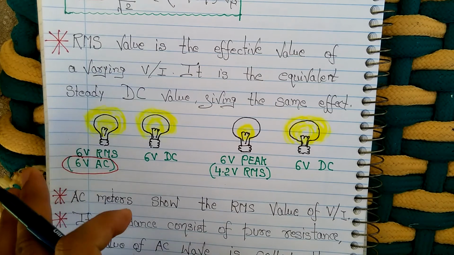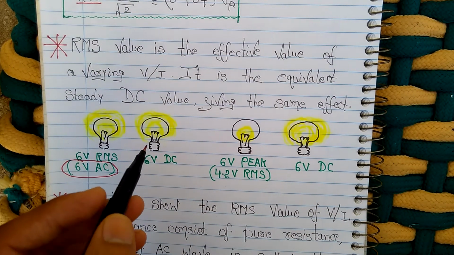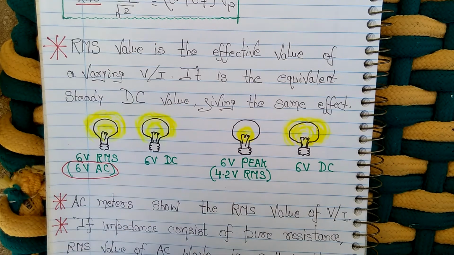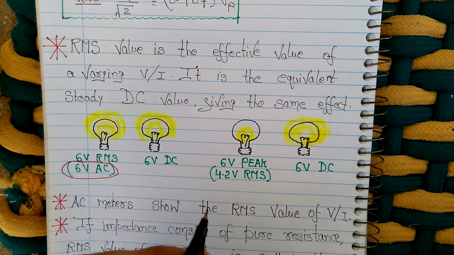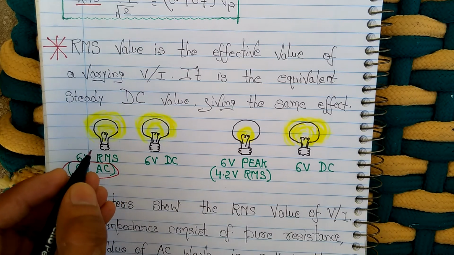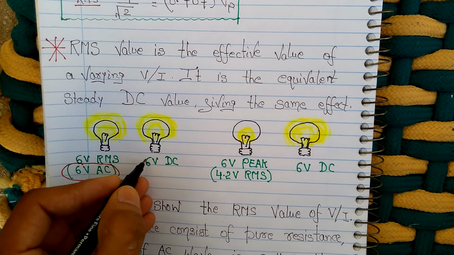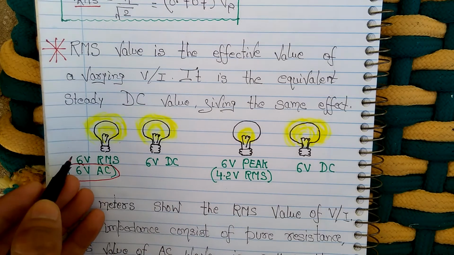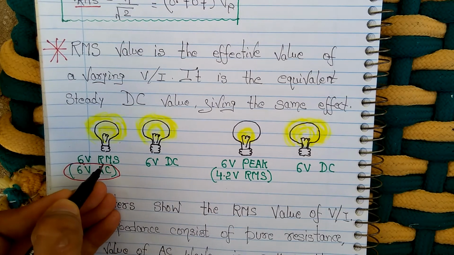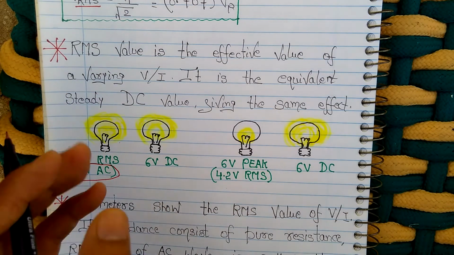That the RMS value of some waveform is equivalent to the DC value. Suppose you have a bulb, and this bulb has a 100% resistive component. If you give it a 6 volt DC supply, or you give it a 6 volt RMS AC, the bulb will light up equally; it will give the same light.